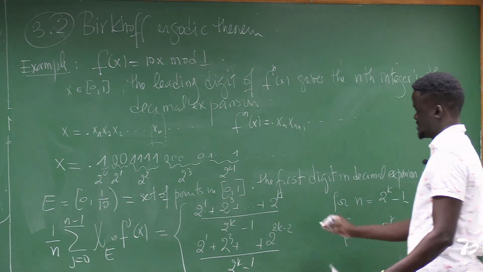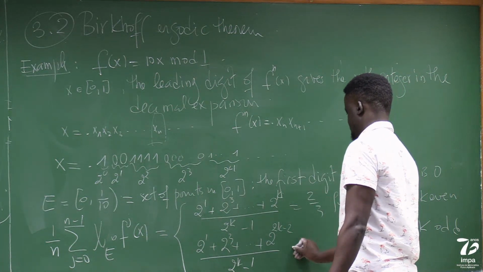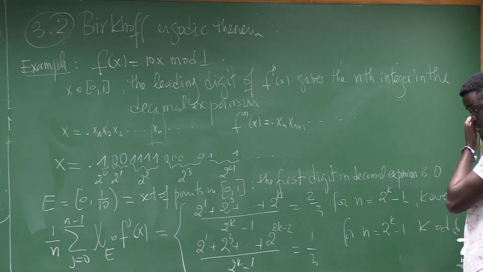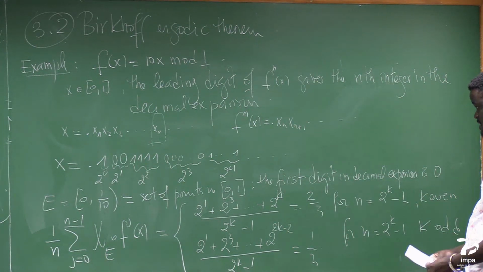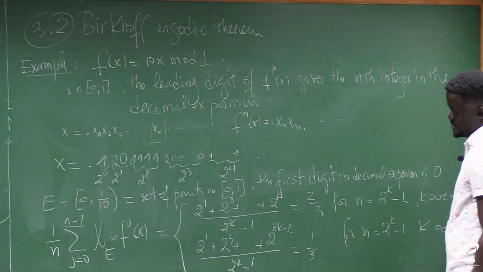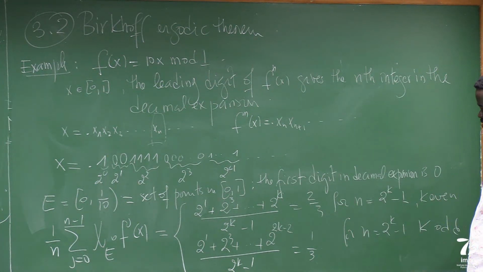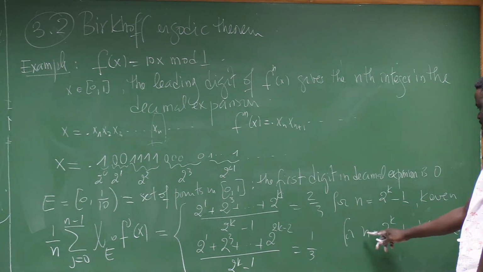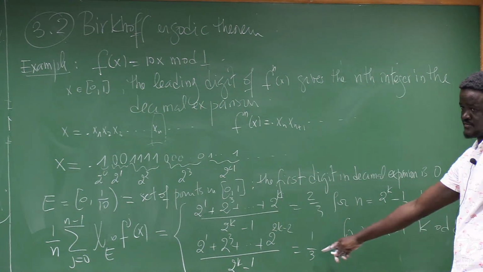Okay, and you can see that this is 2/3 and this is 1/3. So depending on n, you have two limits of the time average. If n is of this form and k is even, you have 2/3, and if n is like this and k odd, you have this.